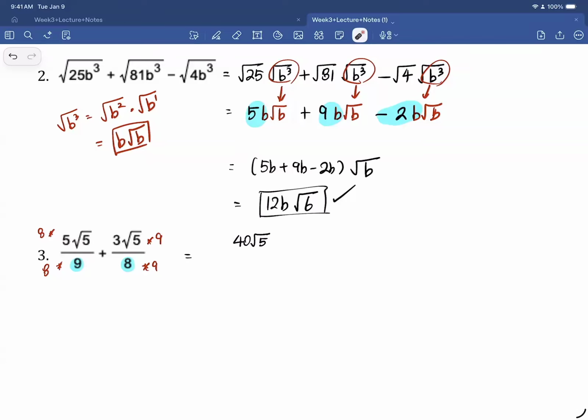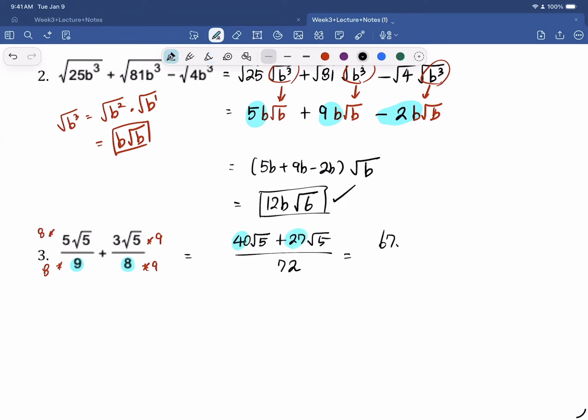And then plus 27 square root of 5 all over 72. So that's why 40 plus 27, which is 67, square root of 5 all over 72. Okay. And then 67 and 72, I think we cannot reduce. So it just looks like that. Okay.